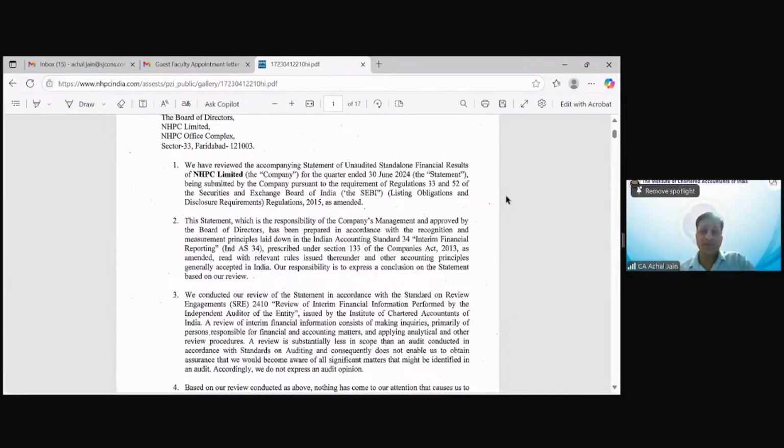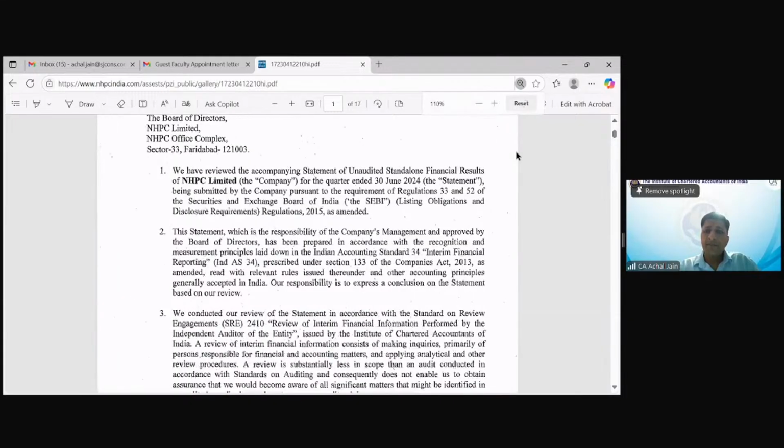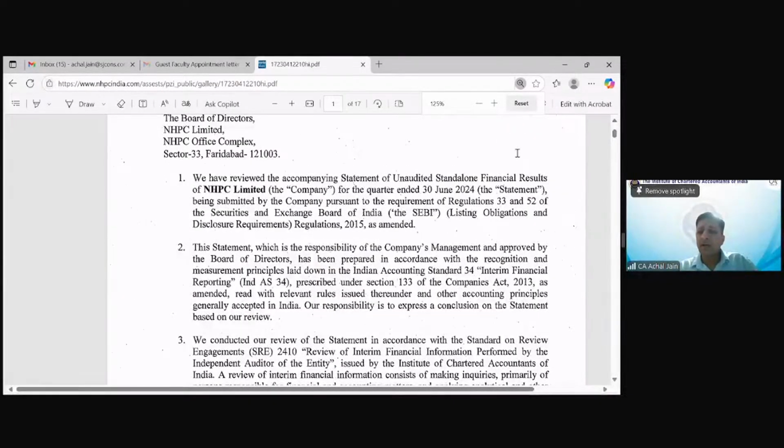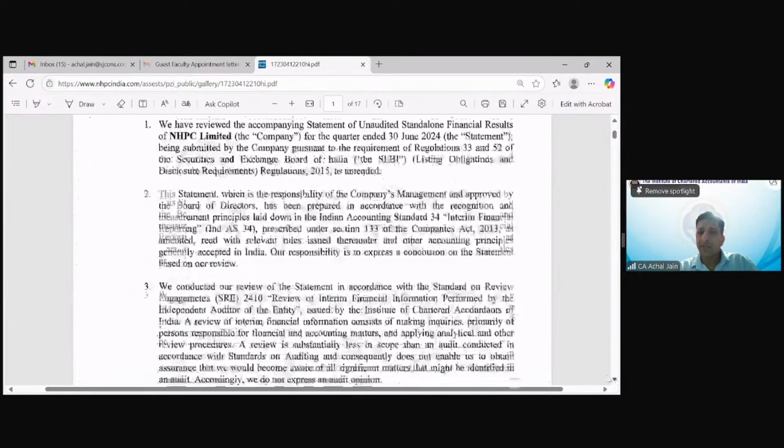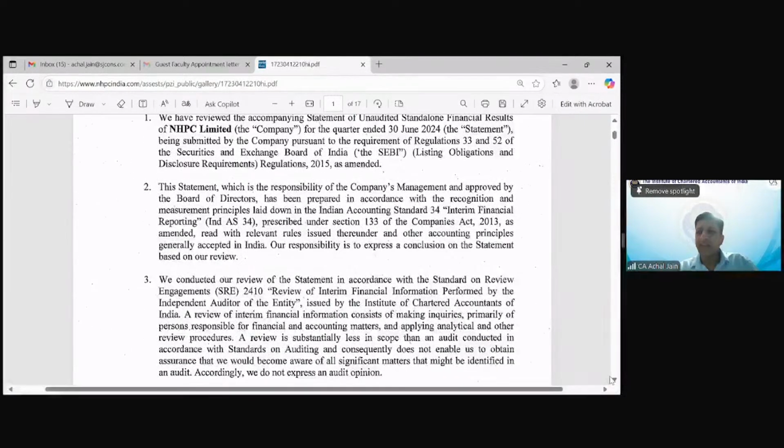So this statement is all about financial results, which is the responsibility of company's management approved by board of directors, has been prepared in accordance with recognition and measurement principles laid down in Ind AS 34. Why? Because it's about the interim financial information, because it's prepared for a quarter, so that's why it's interim. Correct?